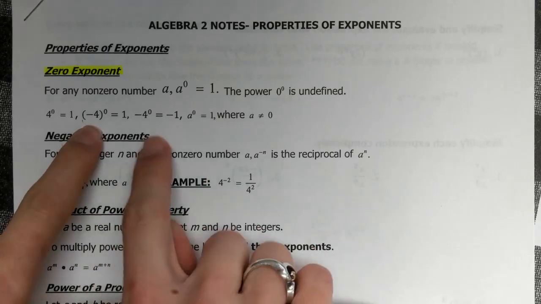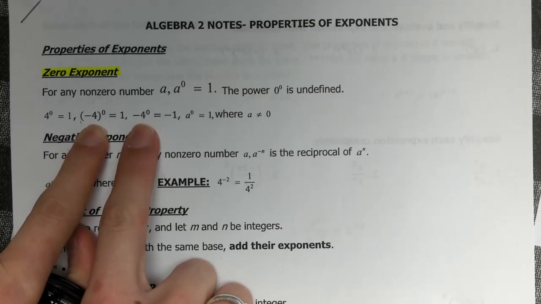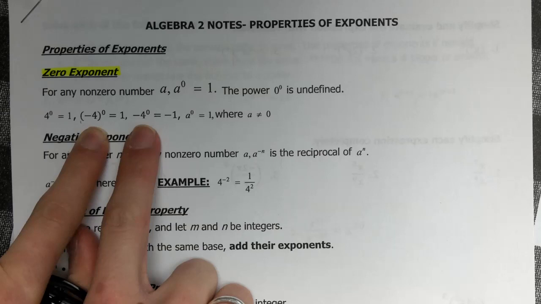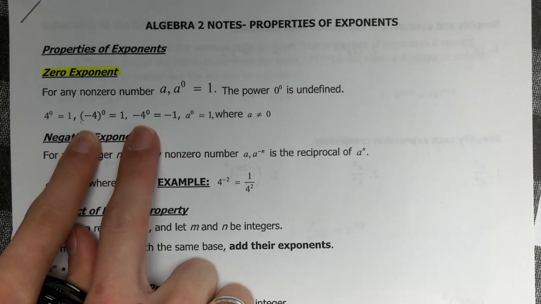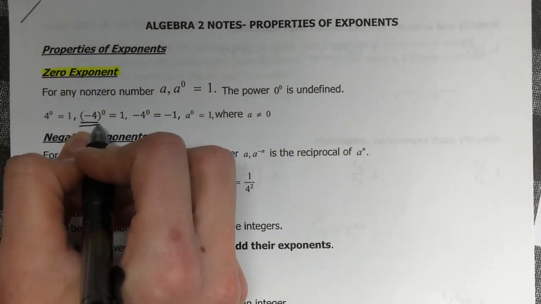So what's the difference between these two examples? For one of them, they are multiplying everything by negative 1, including the power, and the first one they're just multiplying the 4 by negative. Okay, so notice that negative 4 here is in parentheses.